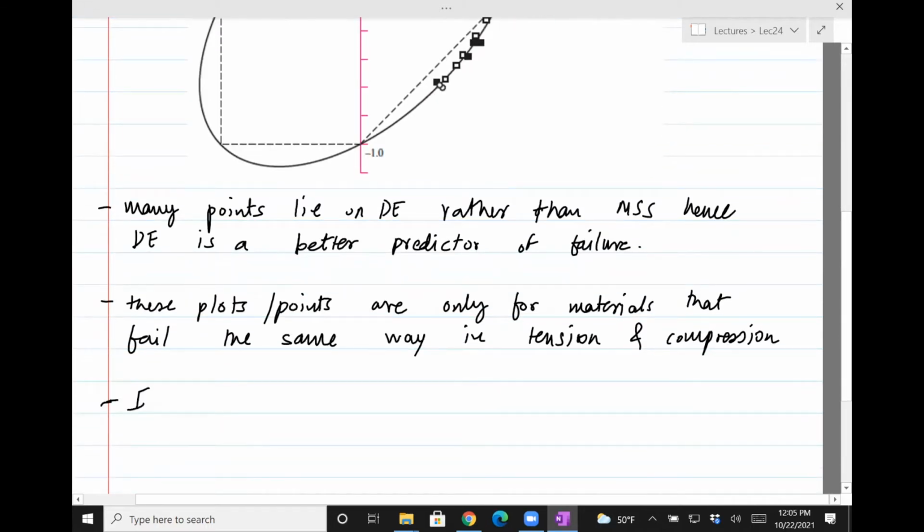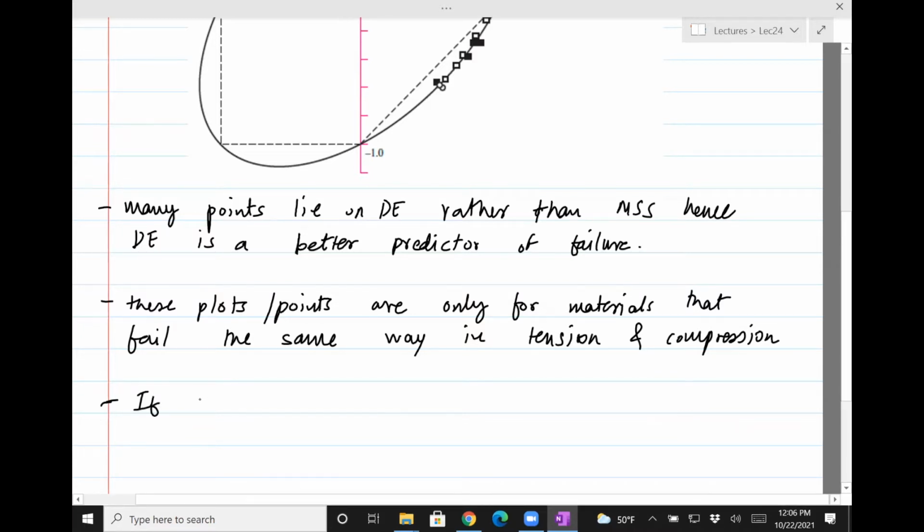If at all you come across a situation where it's a ductile material indicated by the curves, there's a distinct failure point which is different from the ultimate strength and yield point, and you see that the strength in tension is different from the strength in compression, then you want to use the Mohr Coulomb theory.